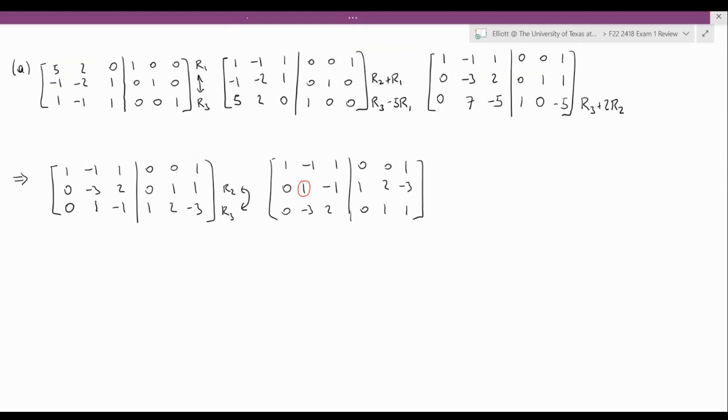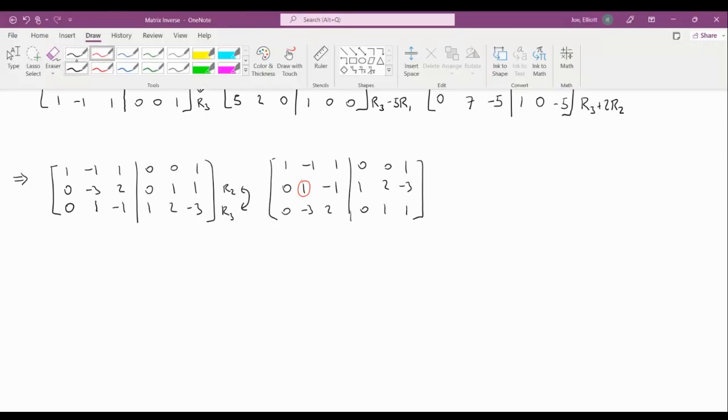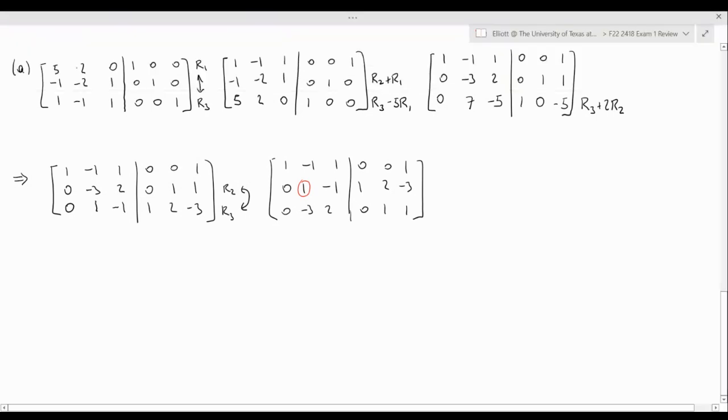So that means I would not only eliminate the -3 that's underneath this pivot, I would also eliminate the -1 that is above it as well, okay? Which means I would do row 1 plus row 2 here, and row 3 plus 3 row 2, okay?